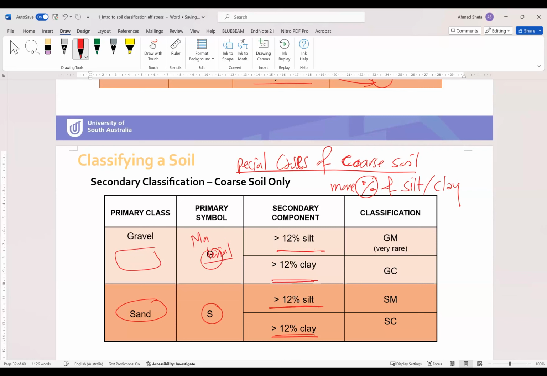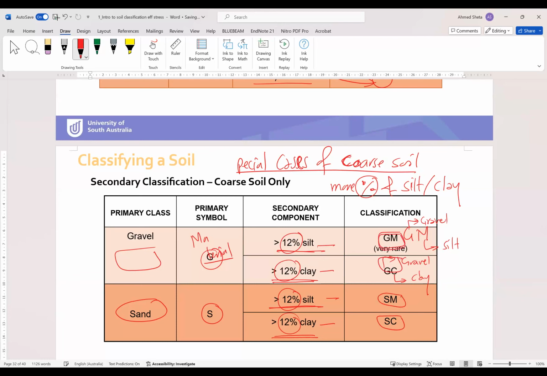If we have a high percentage of silt, the soil classification is GM. G is for gravel, M is for silt. If it is high in clay, G gravel, C clay, and so on. So if we have more than 12% of the soil silt or clay, we need to classify the soil as GM, GC, SM, or SC. So this classification is only in some special cases and for coarse soil only. Okay.